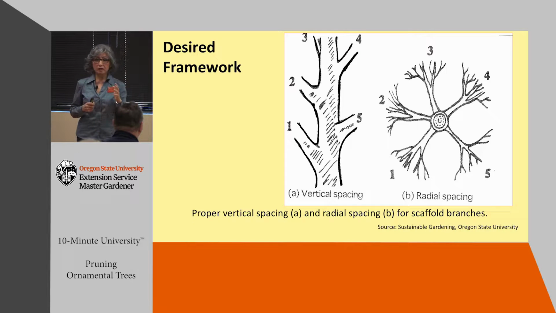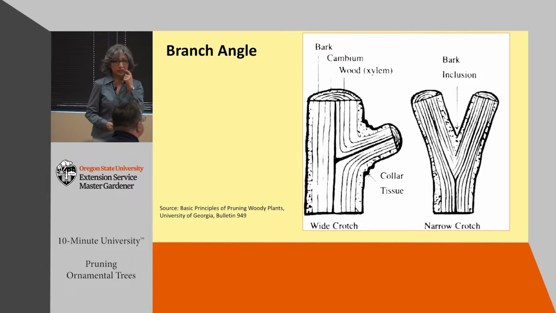Now, these may sound like somewhat rigid, silly rules, but the reason is because if the branches are too close together vertically, they are going to shade each other out. So we're going to have parts of the tree that are destined to be unhealthy and create problems down the road.